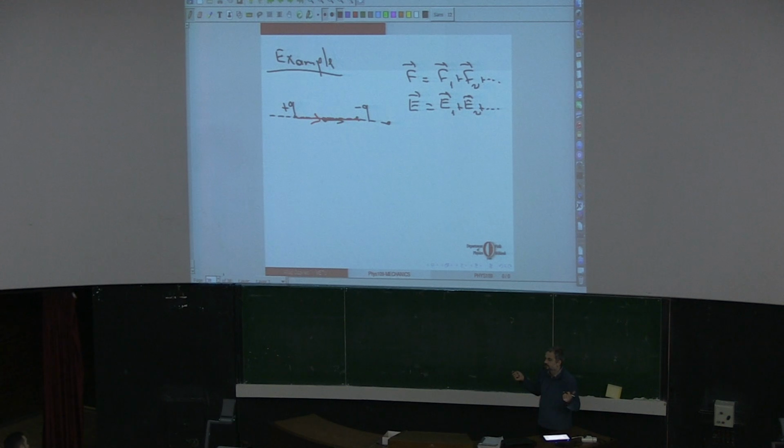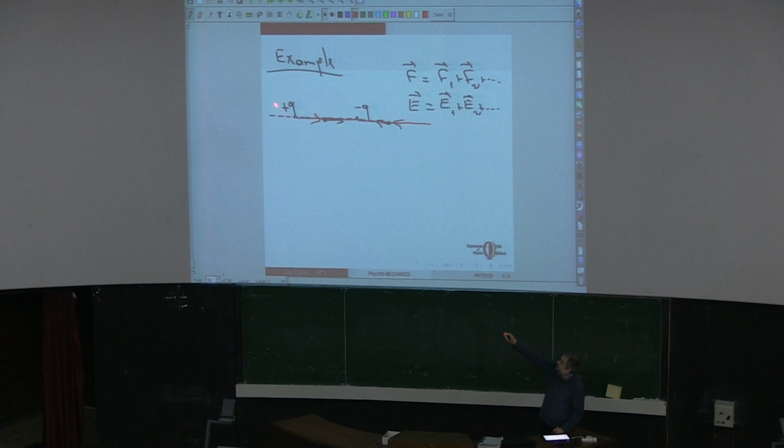Well, they both have the same charge, but the negative charge is closer. So at this point, the electric field will still be in this direction. And this will be true for any point along this line. So the electric field along this line will be just straight again, but it will be moving towards the negative charge.